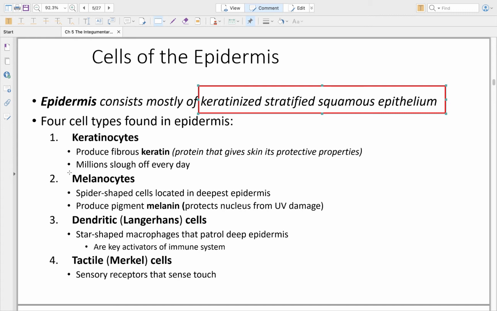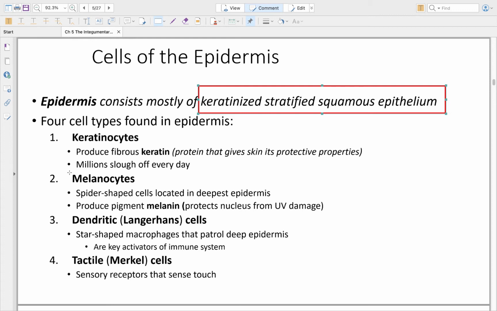We have melanocytes that make melanin. Melanin is one of the pigments found in skin. Melanin actually protects the nucleus from UV damage. In other words, melanin protects our cells from potentially getting cancer.